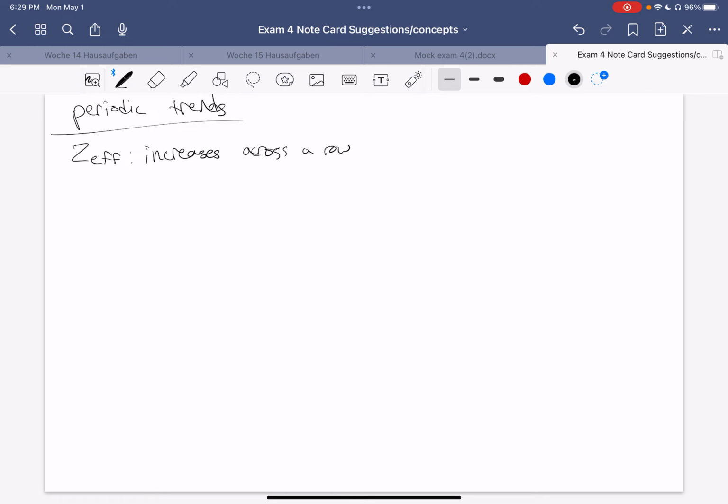And we saw that with the worksheet where sodium on the very left had an effective nuclear charge of 1, and then argon had an effective nuclear charge of 8, I think.